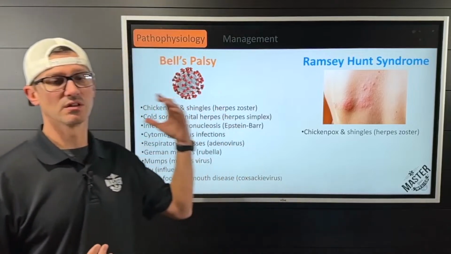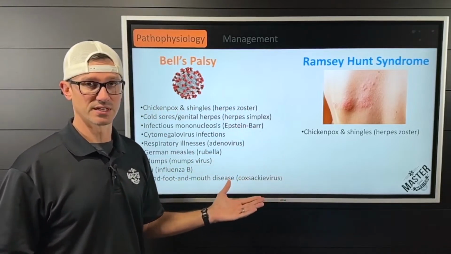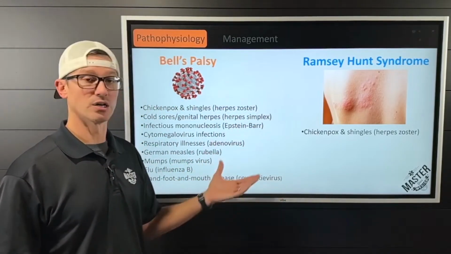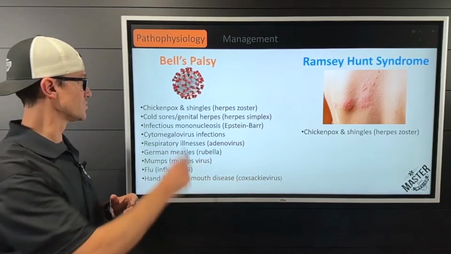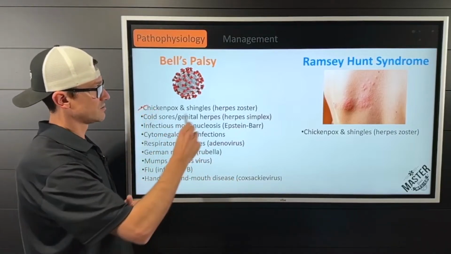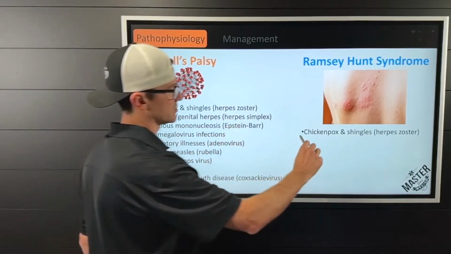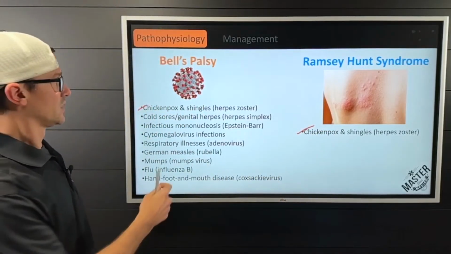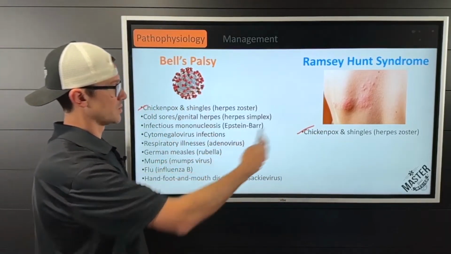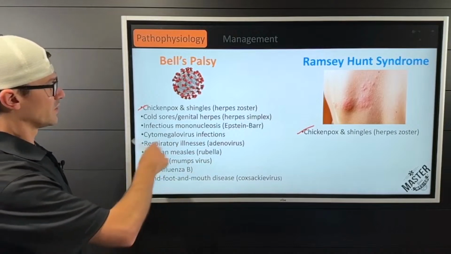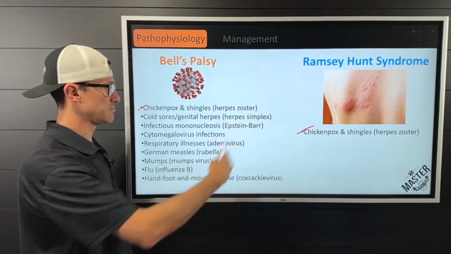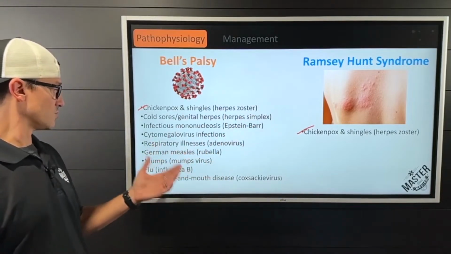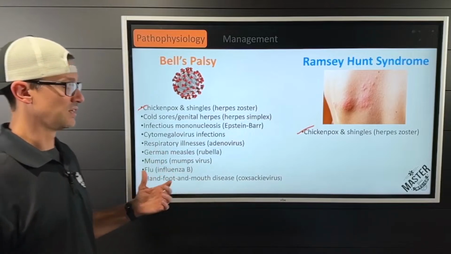Where you can see the long laundry list of things that can cause Bell's palsy. But we know chickenpox, shingles, the herpes zoster virus is for both of them too. So both can cause Bell's palsy. And then other long lists: Epstein-Barr, rubella, measles, mumps, influenza, all those things.